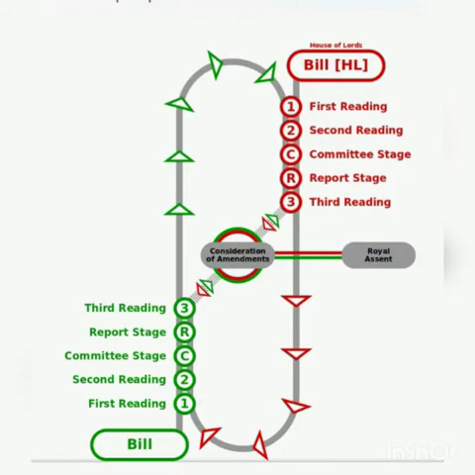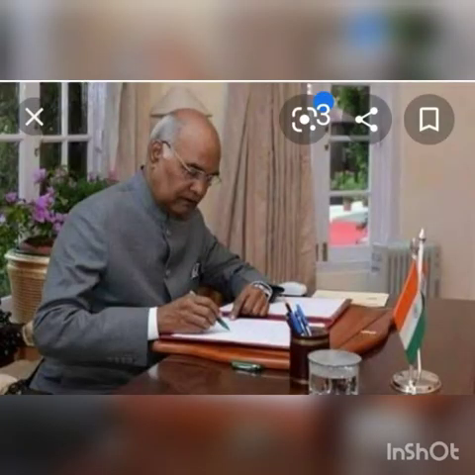After the bill has gone through all the three stages in both the houses, it will be signed by the speaker and then it will be sent to the president for his assent. Assent means the final signature. Once the president has signed, the bill becomes a law. So, the last stage of the bill is the assent or the signature of the president.